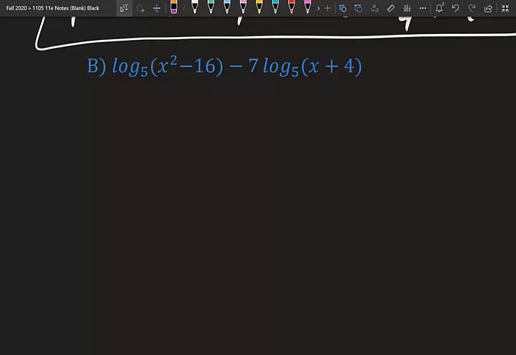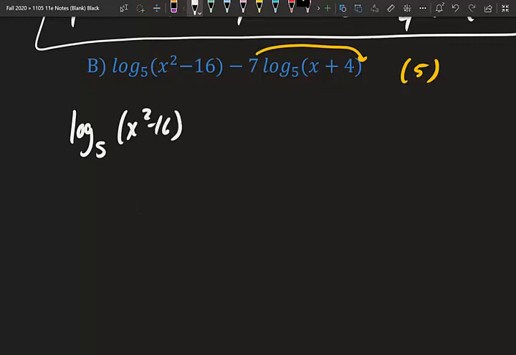All right. Let's go ahead and work this out. Let's see if there's any exponents from the front we can move. So there's no exponent here, but there is an exponent here. So we're going to move it using property 5. So we have log base 5 x squared minus 16 minus log base 5 x plus 4 to the 7th.